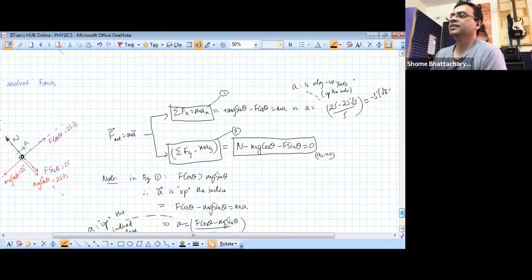So the minus sign here would have shown us that this is along the negative x-axis, or up the inclined plane.